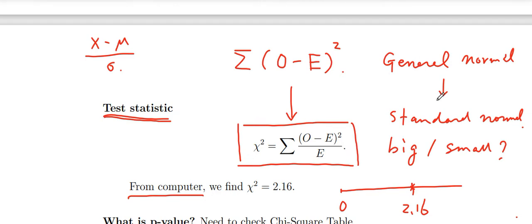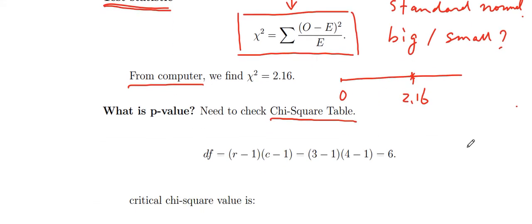So we need to find the chi-square critical value to determine whether this is big or small. So we need to check a chi-square table.